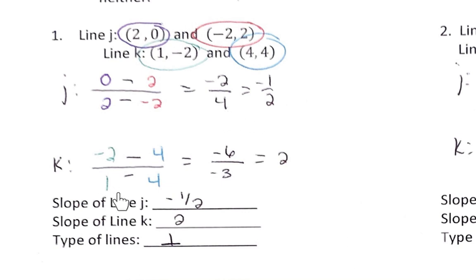For K, we should have had -2 minus 4 over 1 minus 4. So -6 over -3, which is +2. And since we have -1/2 and +2, they technically are opposite signs, right? Negative, positive. And then 1/2 flipped would be +2 over 1, which is the reciprocal. So we have perpendicular lines.